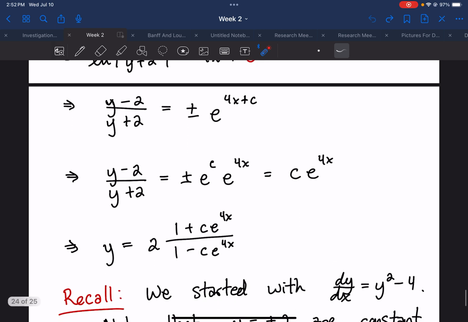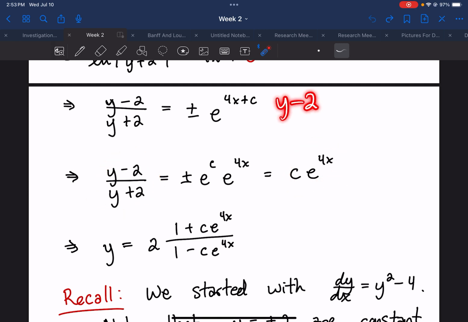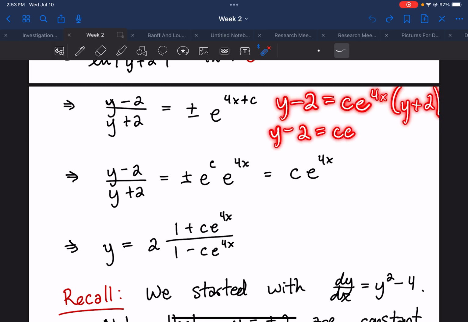Okay? And by doing a little magic here, I guess I should write out what I did. I'm solving this for y. How do you do that? Well, you take y minus 2, you set it equal to c e to the 4x times y plus 2. And then you FOIL it out: y minus 2 equals c e to the 4x y plus 2c e to the 4x.